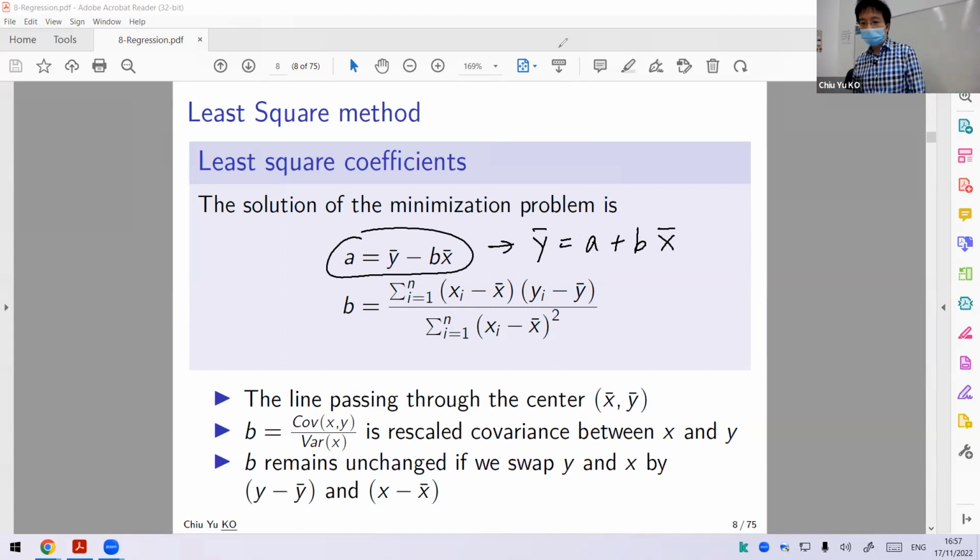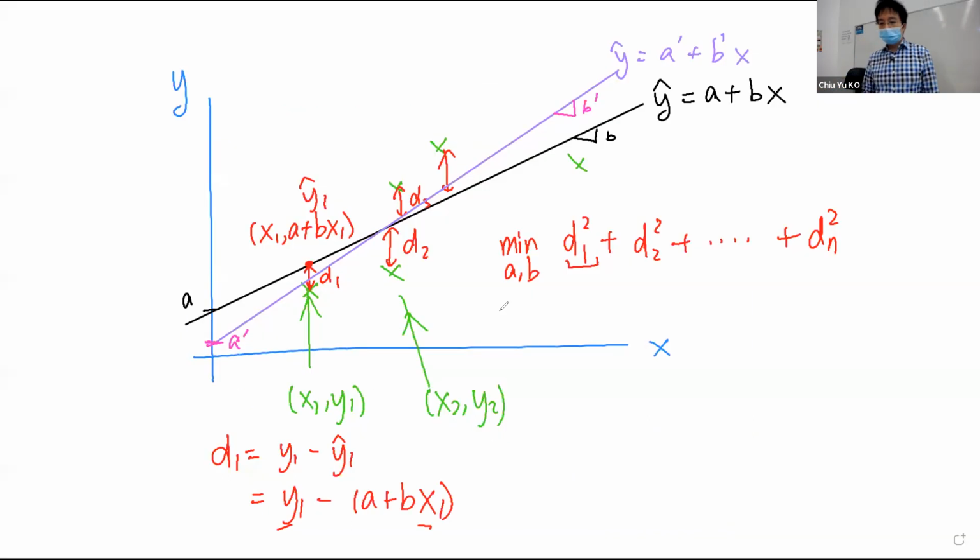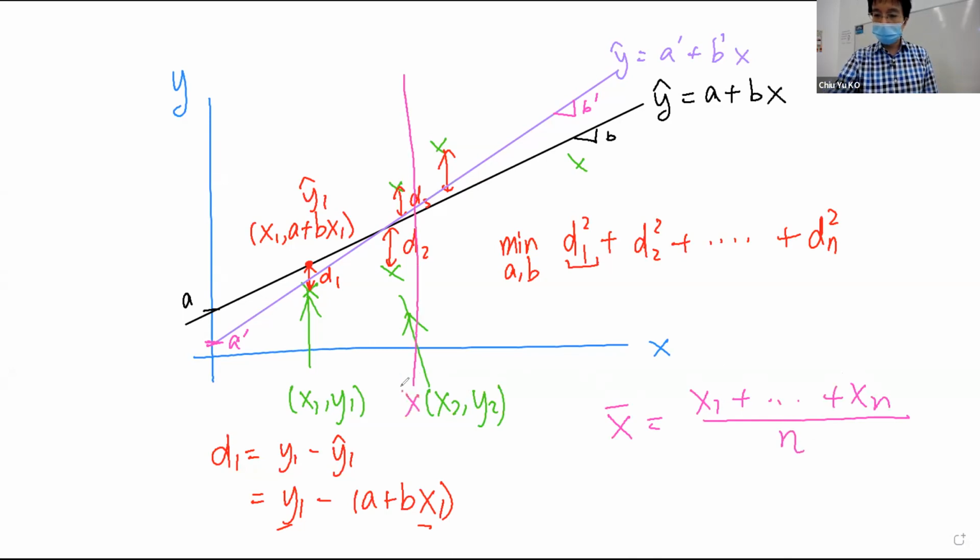Why do I call it the center of data? Because there is a bunch of x here, right? So you can calculate x bar as x1 plus up to xn over n, right? So this is the middle of x, okay? And you have the same for the middle of y, the mean of y, right?